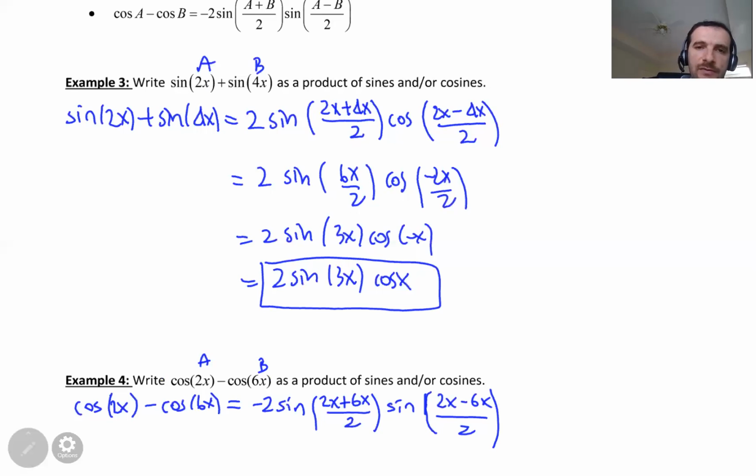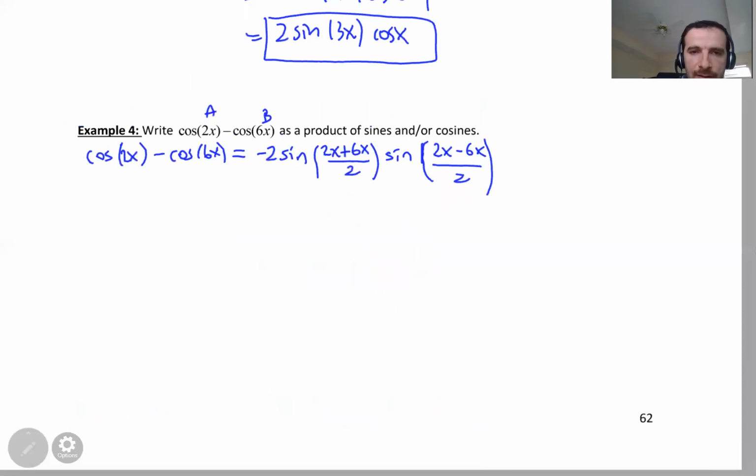Okay, let's try to simplify that. Minus 2 sine of 2x plus 6x is 8x over 2 is 4x. And sine of 2x minus 6x is negative 4x over 2 is negative 2x.